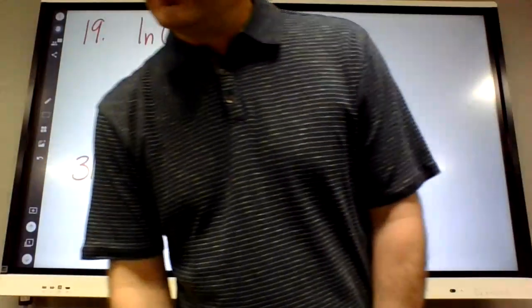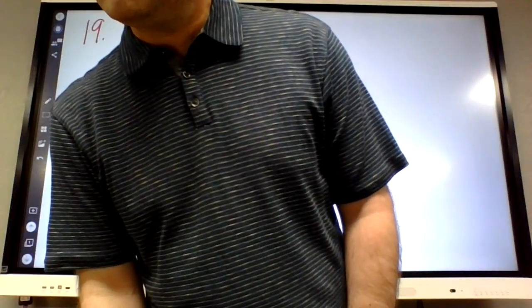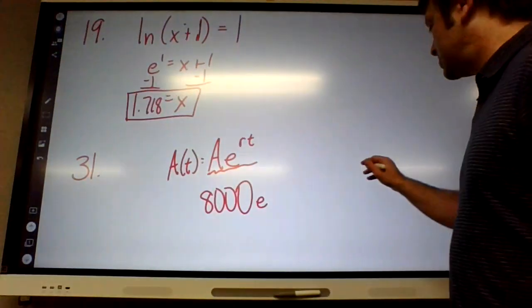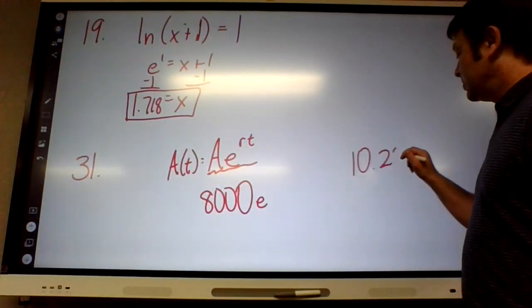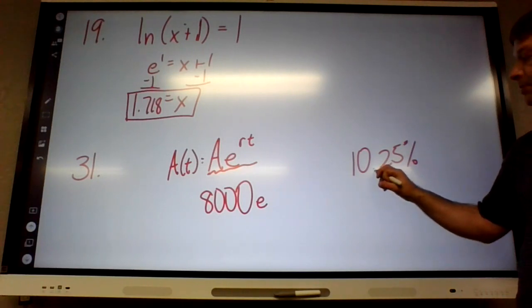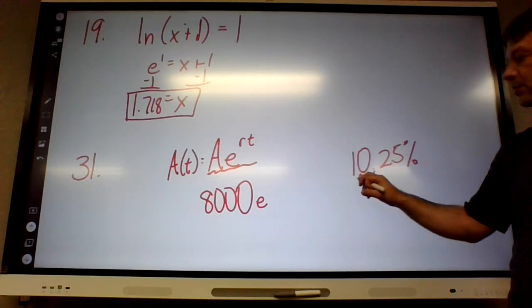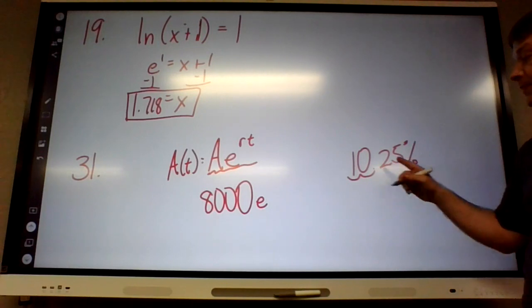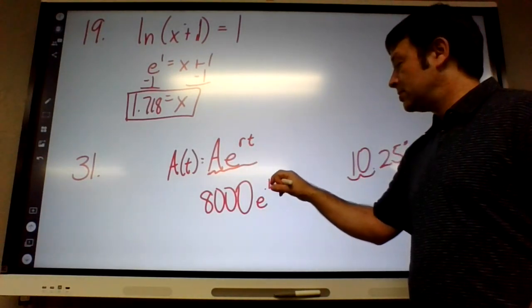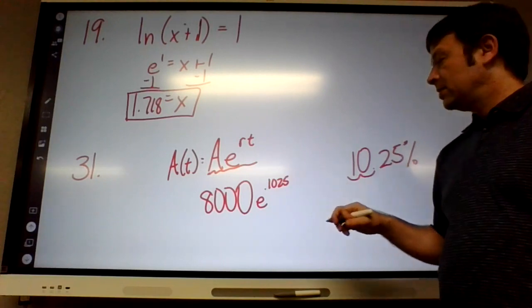R and T. So it also says he's getting 10.25% interest. So what is this as a pure decimal? Right, 0.1025. We're gonna move it back a couple times. So the R is 0.1025.